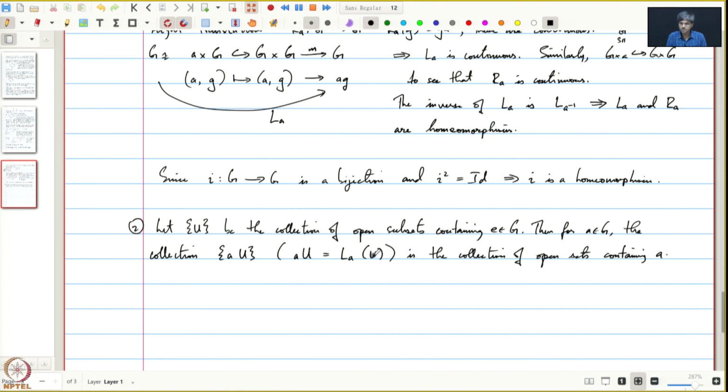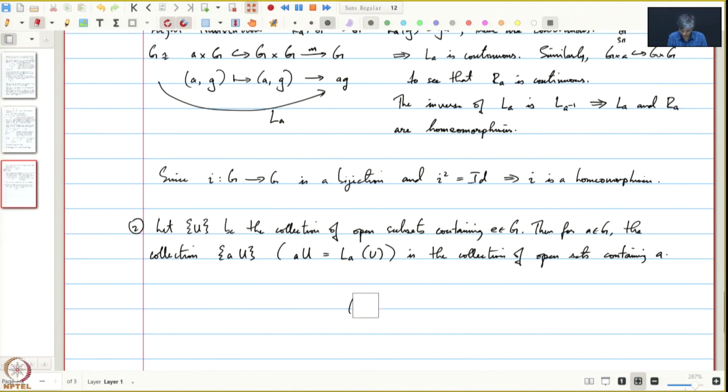And conversely, if we take an open subset W which contains A, then this will imply that A inverse W contains e, and this is equal to L_A inverse of W. Since L_A inverse is a homeomorphism, A inverse W is going to be in this collection over here. So therefore W we can write as A times A inverse W, so even this W is in this collection.